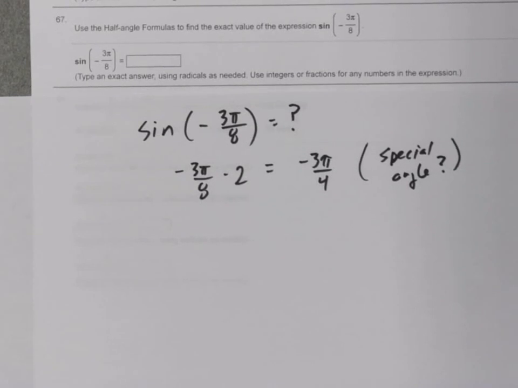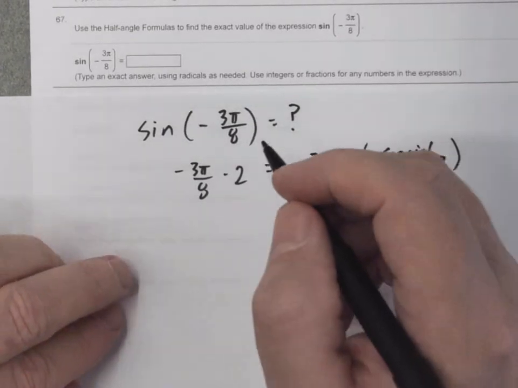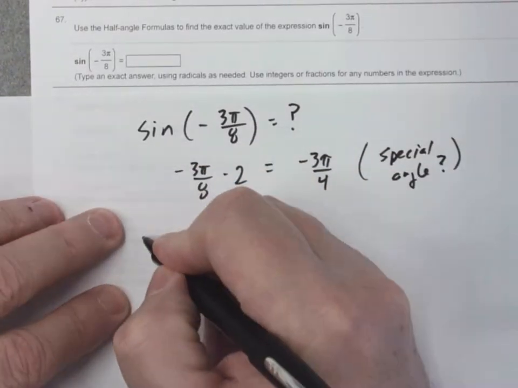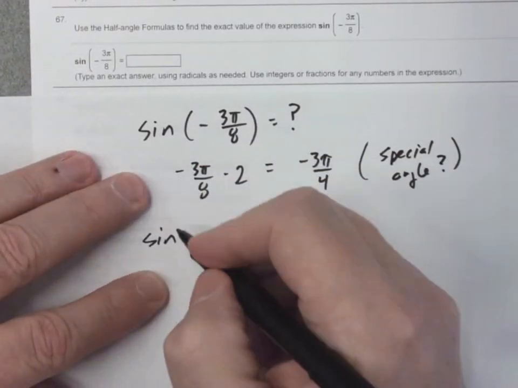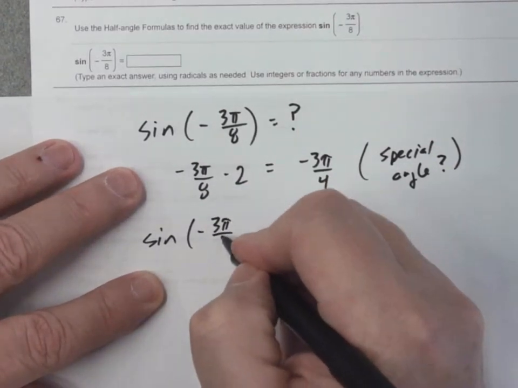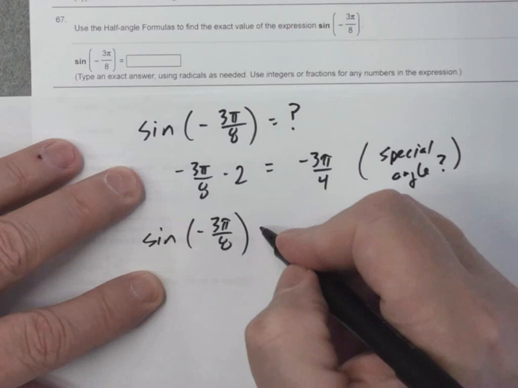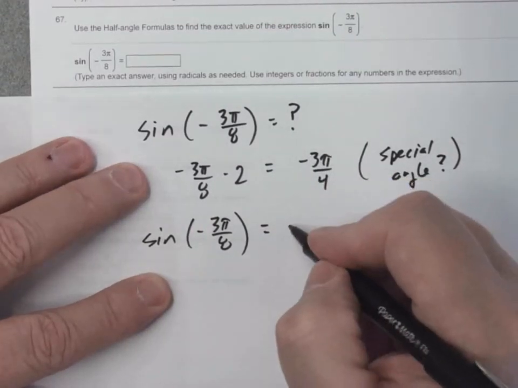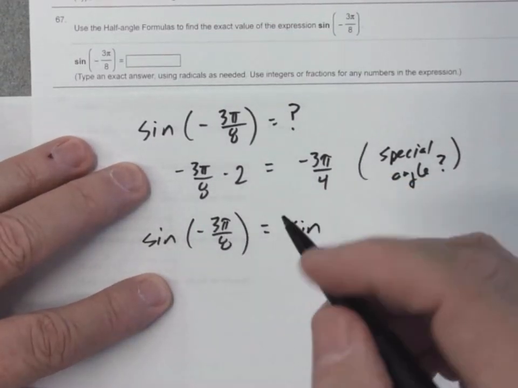So let's go ahead and look at the half angle formula. Let's write it out this way. The sine of negative 3 pi over 8. This is going to be a little messy, but unfortunately we work with fractions here.